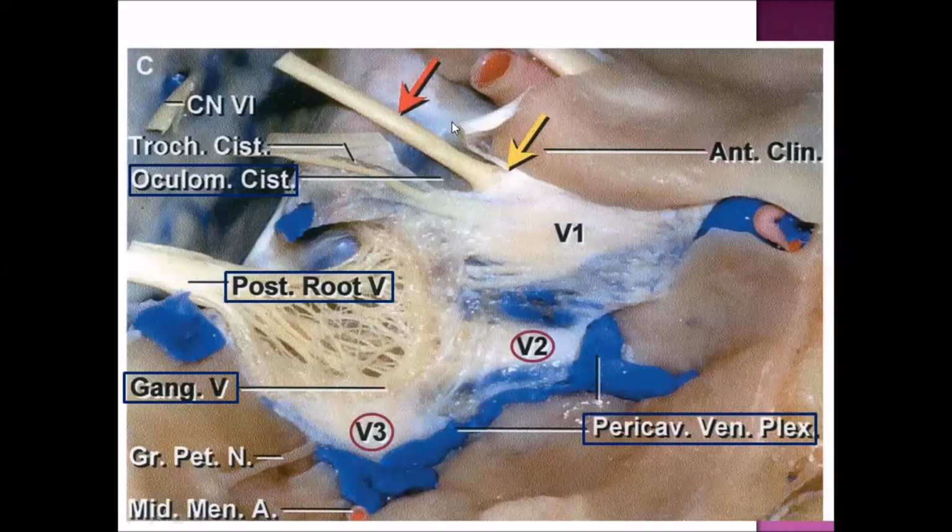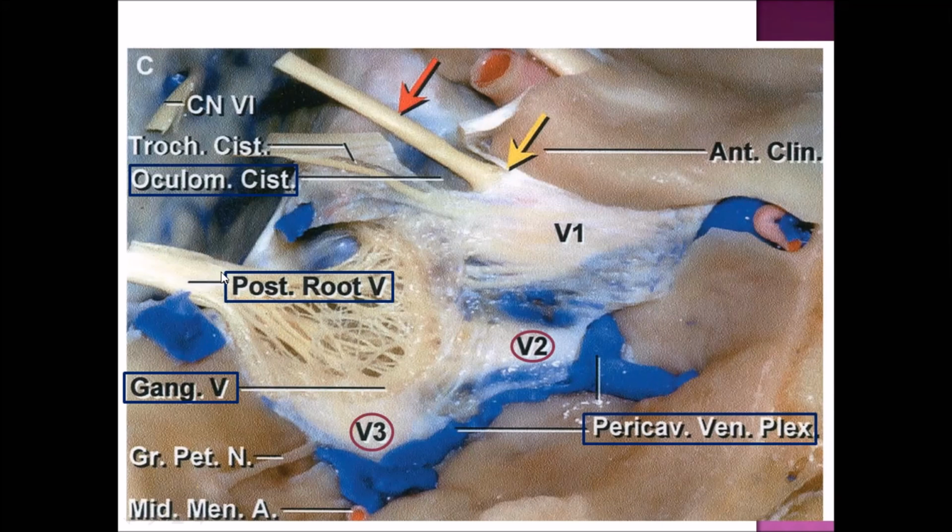What you see here is the third nerve, and this is the anterior clinoid process. Medial to the anterior clinoid process lies the internal carotid artery. This is the oculomotor nerve entering the roof of the cavernous sinus, and this is the trochlear nerve, the fourth nerve, entering the roof of the cavernous sinus.